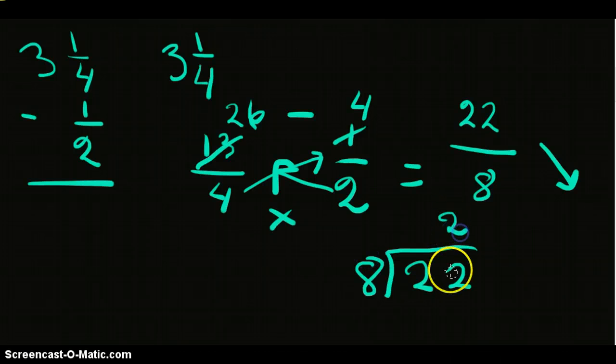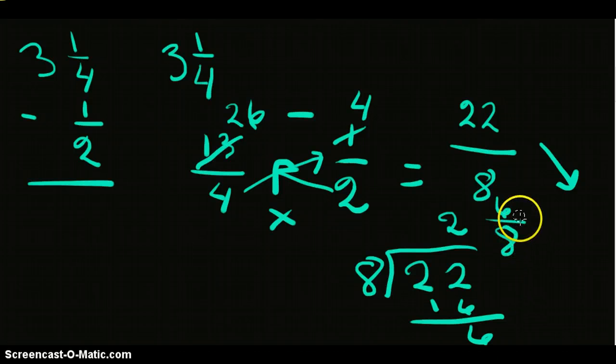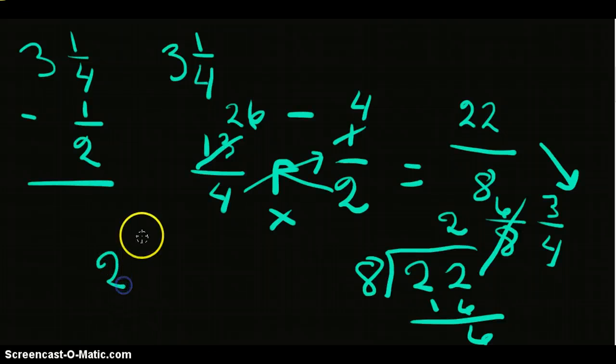I learned that I can go in there 2 times with 16 with a remainder of 6. And that becomes 6/8. Correct? Yes, I'm almost done. I can reduce this some more. Divide both by 2, and I get 3/4. So my answer becomes 2 3/4.